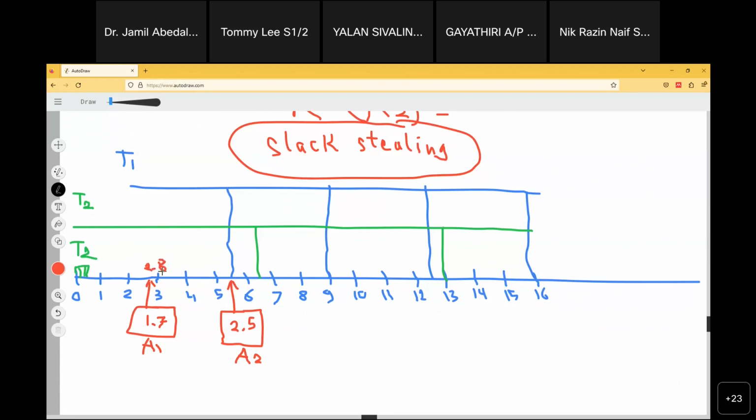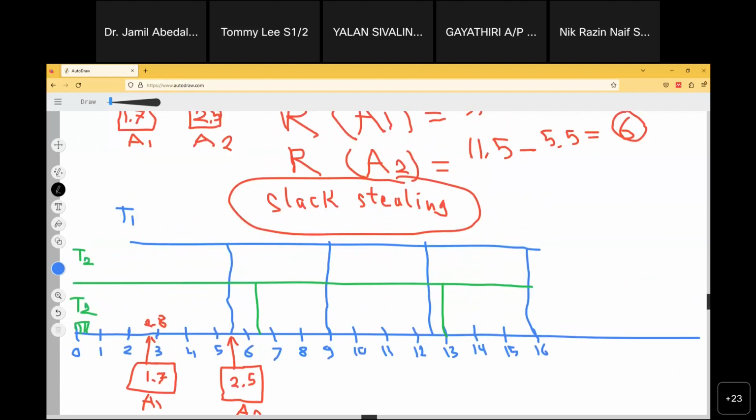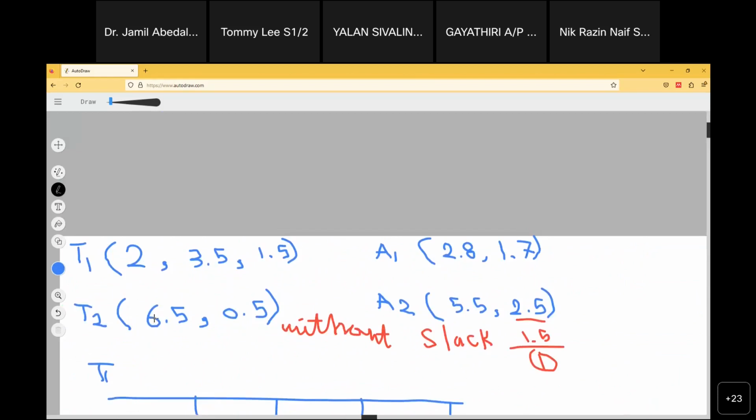2.8. So since the priority is given to aperiodic, it will preempt periodic. Okay, task 1, task 2, and this is aperiodic.